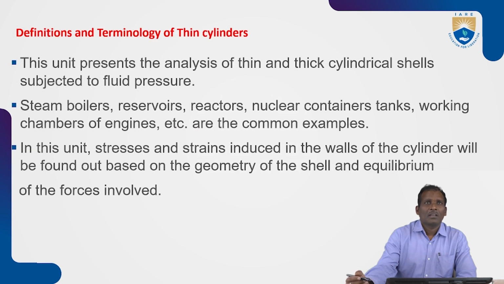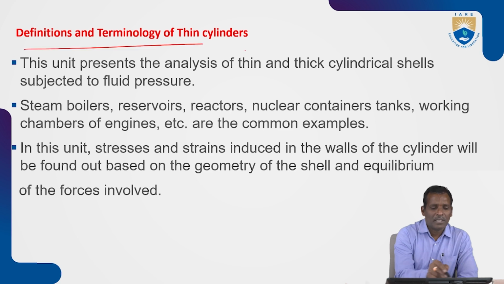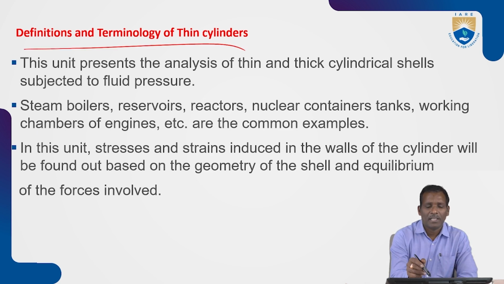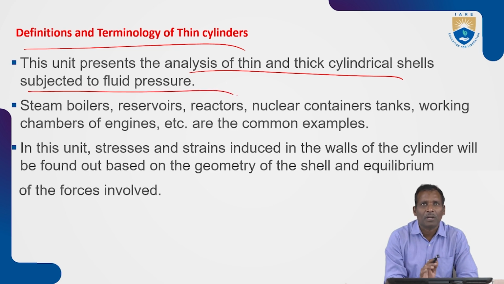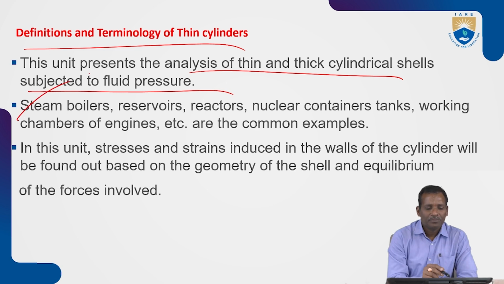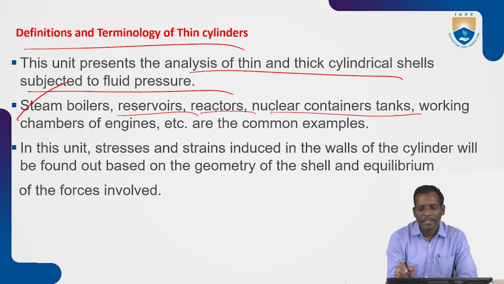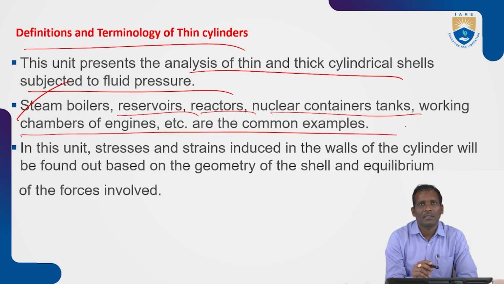Now the definition and terminology of thin cylinders. This unit presents the analysis of thin and thick cylinder shells subjected to fluid pressure, already covered in the theory part. Steam boilers, reservoirs, reactors, nuclear containers, tanks, working chambers of engines, etc. are common examples.